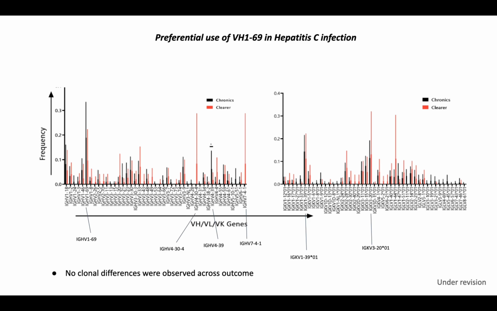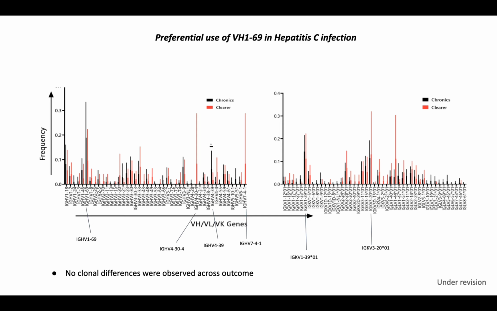And then we wanted to study what is the difference between clears and chronics. So in the case of hepatitis C, we saw a preferential use of VH169 in hepatitis C infection. And when we did the stats, there's no significant difference apart from VH439, which showed a significant difference in heavy chain usage.